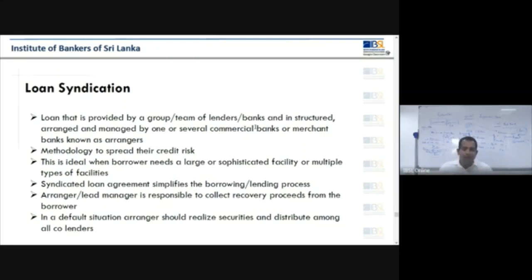So everyone is on par. This arranger will charge a nominal fee, maybe 1% to 2%, for arranging and coordinating this. So this kind of banks coming together for financing a larger project is called loan syndication.